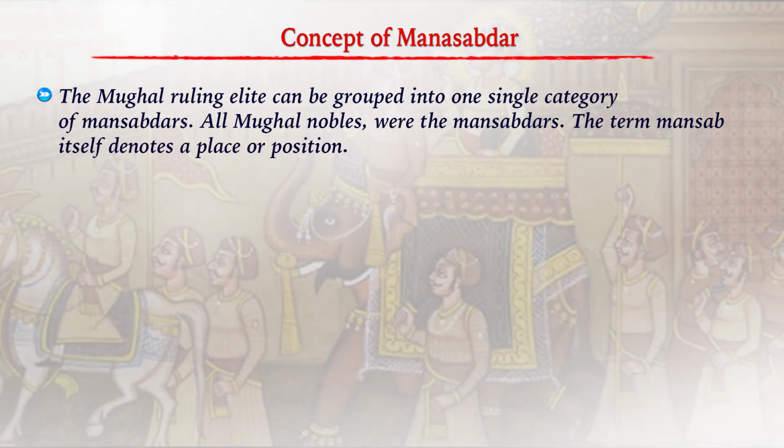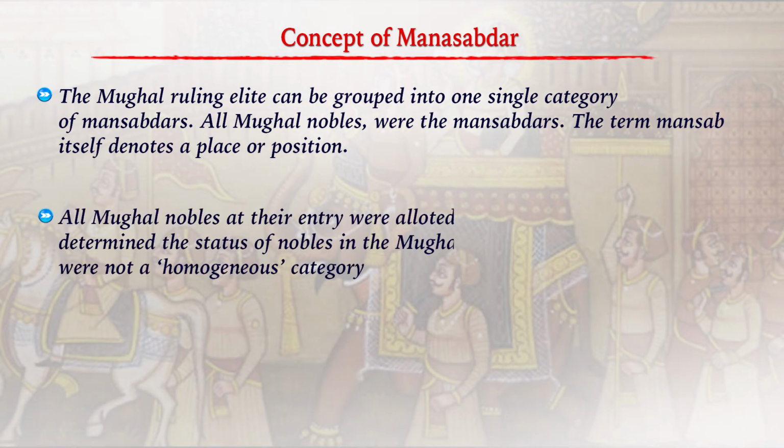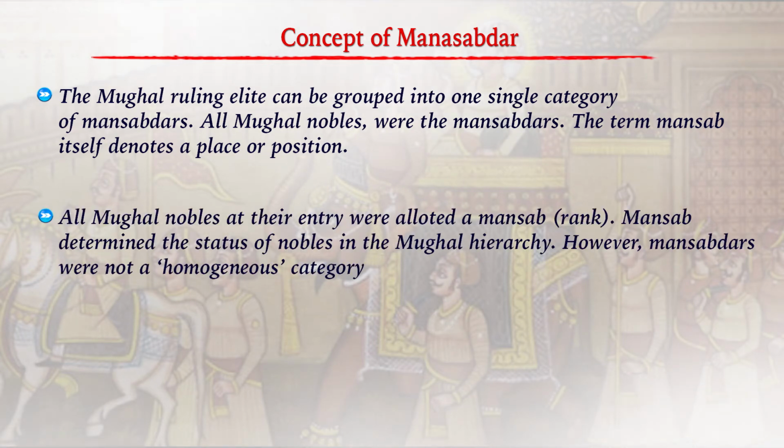As a result of it, there was an emergence of a Mughal ruling elite which were known as Mansabdars. All Mughal nobles were given the title of Mansabdars. The term Mansab itself denotes a place or a position. These nobles were supposed to follow the order of the king and pay their revenue accordingly.